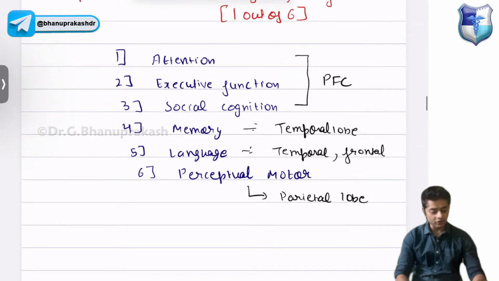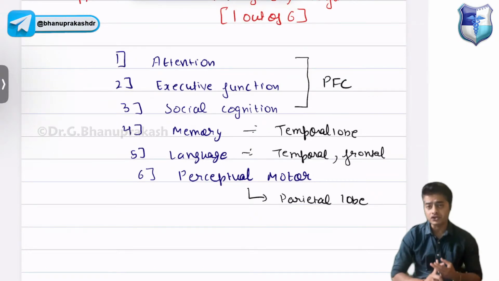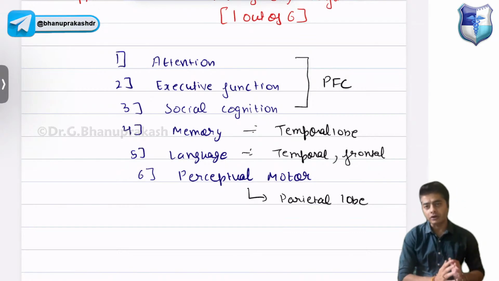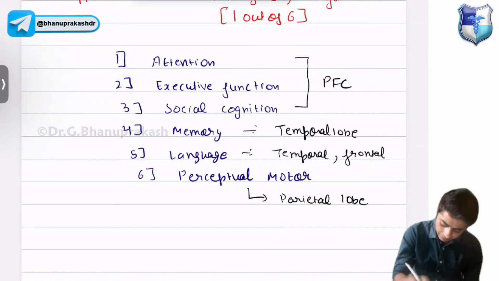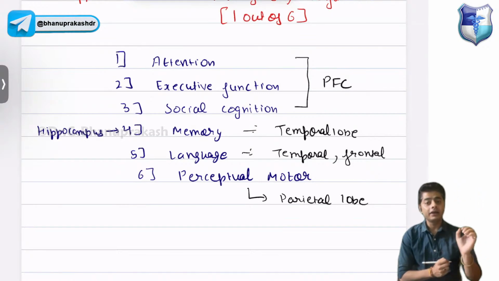So in the last class we discussed this. Attention, executive function, social cognition are an integral part of your prefrontal cortex. Memory, especially the hippocampus area. So in the last class, I told you about the hippocampus.